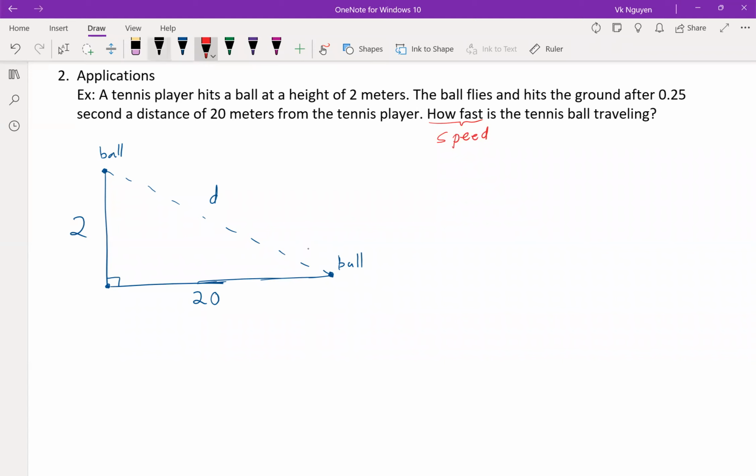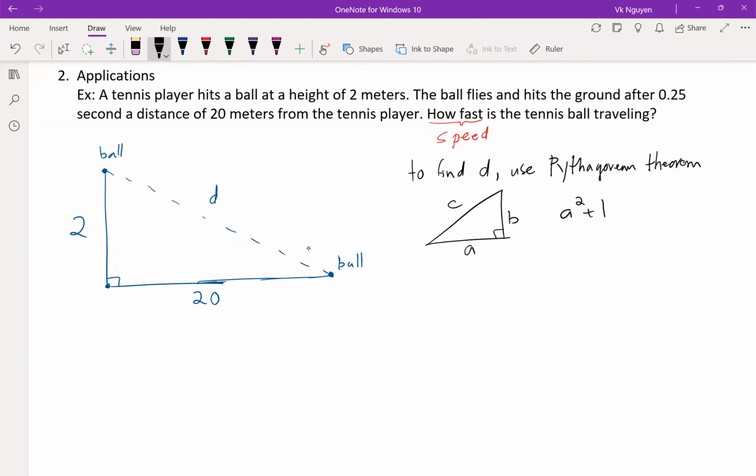To find d, we use the Pythagorean Theorem, which states that for any right triangle with sides a, b, c, a squared plus b squared will always equal c squared.